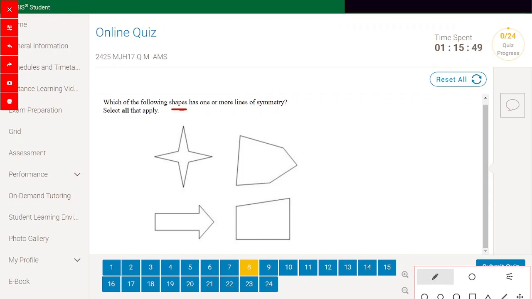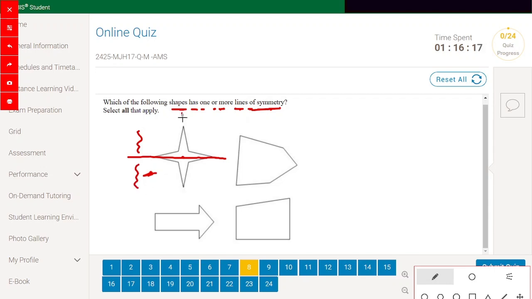Which of the following shapes has one or more lines of symmetry? So let's take figure 1. Let's find the center. This is the center. If we draw a line through the center, we get that this shape equals this shape, so this is a line of symmetry.